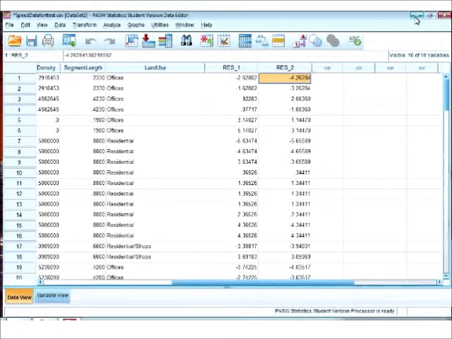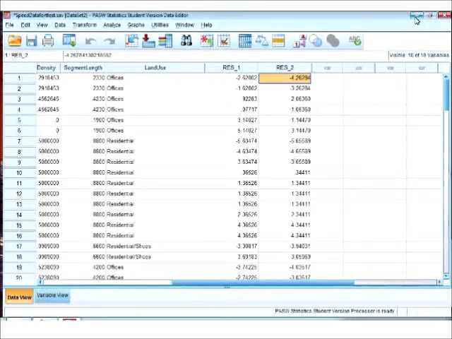Now it uses that R square to find the tolerance, which is 1 minus R square, and the other thing is the variance inflation factor, which is 1 divided by the tolerance. So for independent variables not to be linearly related with each other, or for a model not to have multicollinearity, the value of VIF, or variance inflation factor, for each independent variable should be less than 4.